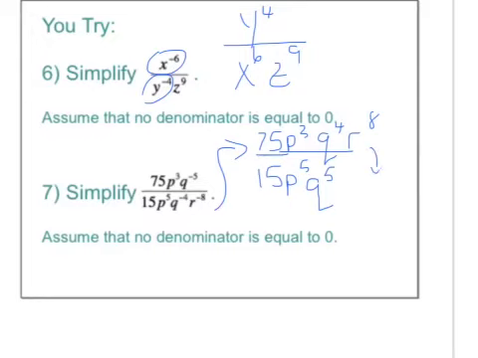So that means we're going to have 5 on the top. I have more p's on the bottom, so when I subtract, I'm going to have p to the 2nd in the denominator. Q's, we have q to the 1st, that's going to be on the bottom, same rules as the p's. And then the r to the 8 stays on the top. And now you're done.